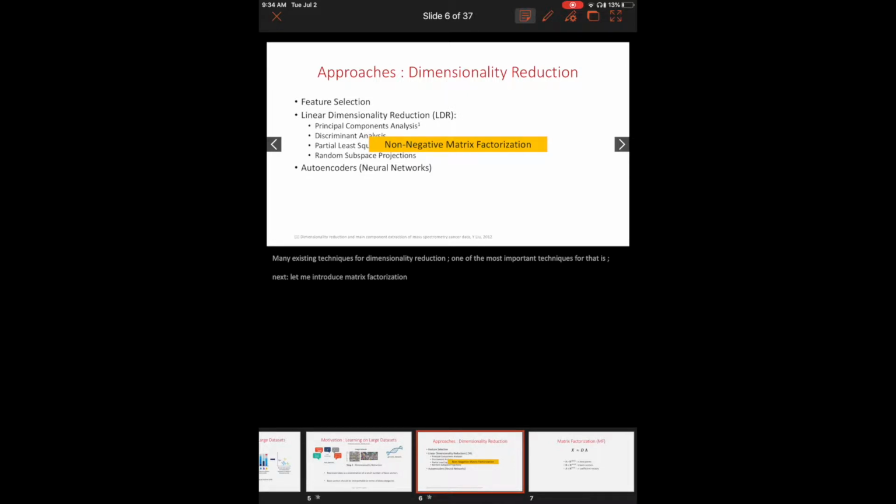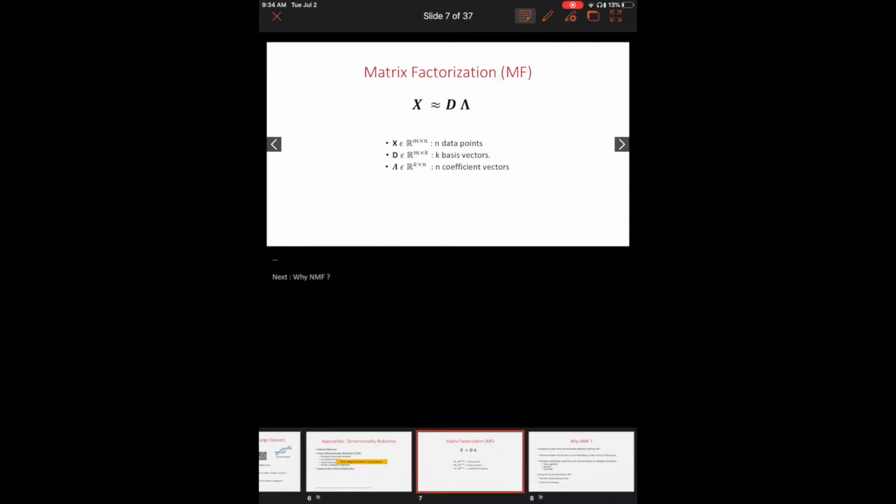So, first, let me briefly talk about what matrix factorization is, if you haven't heard about it. Suppose that you have a data matrix X, which consists of n data points in an m-dimensional space.